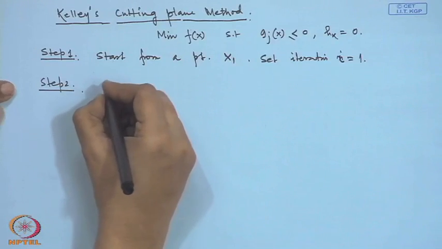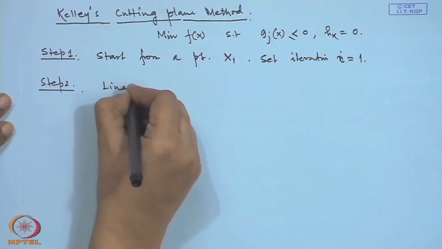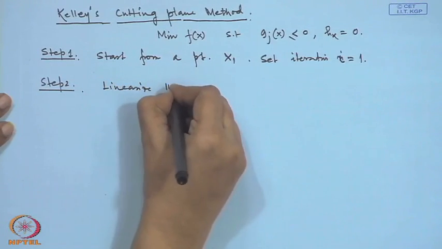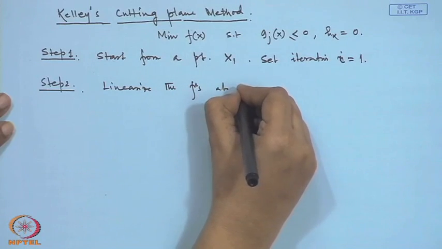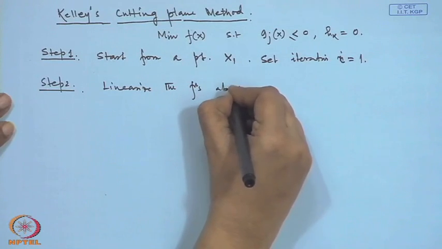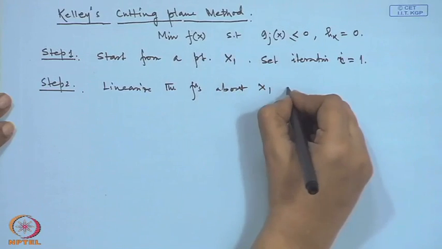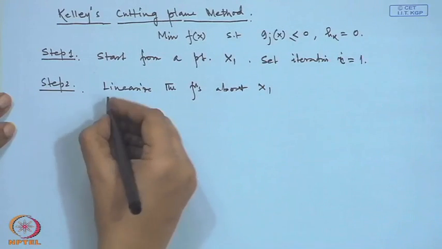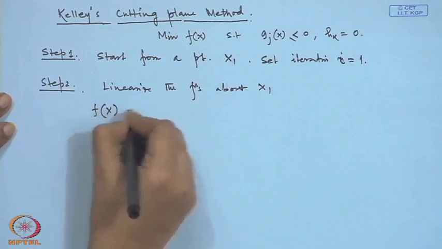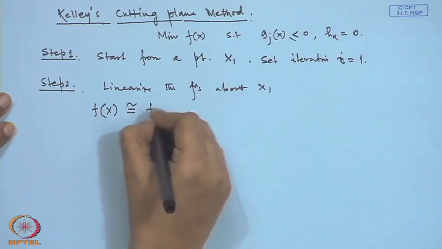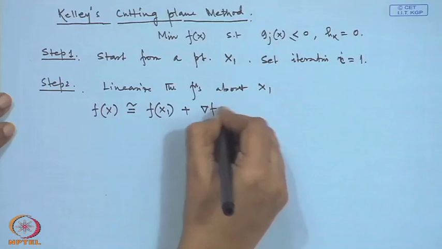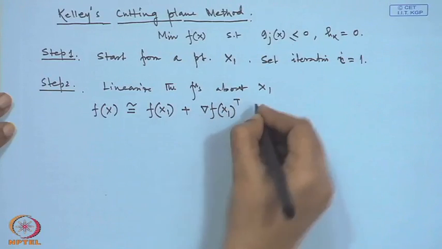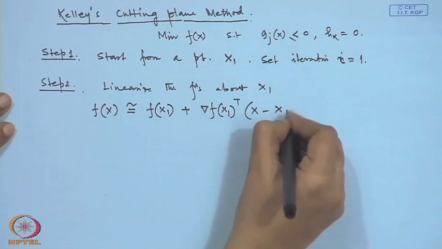What we do, we will just linearize the functions at x1 using Taylor series approximation. Thus, we can write that f(x) is approximately equal to f(x1) plus grad of f(x1) transpose (x minus x1).